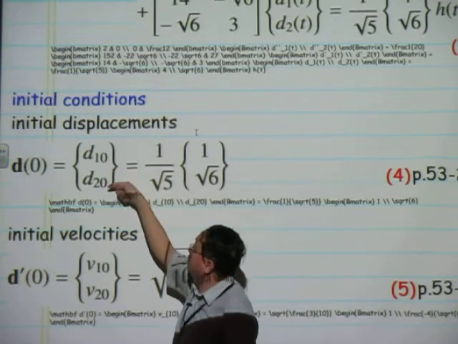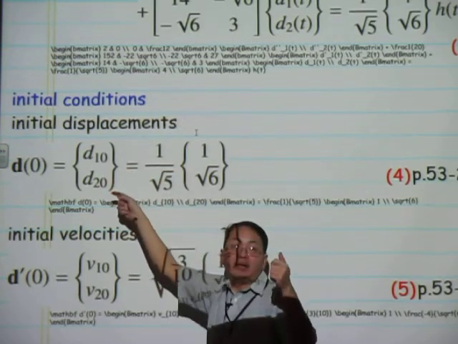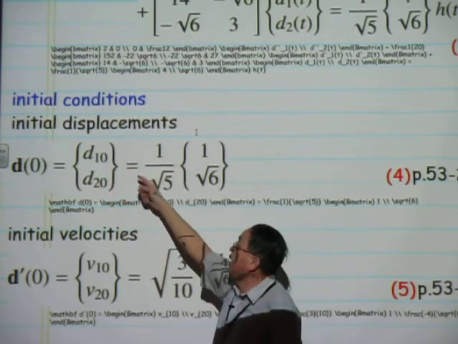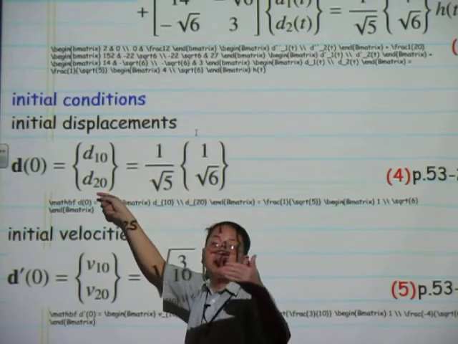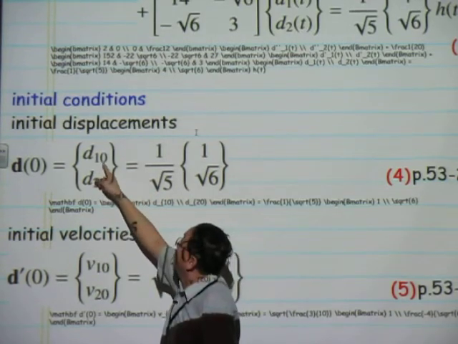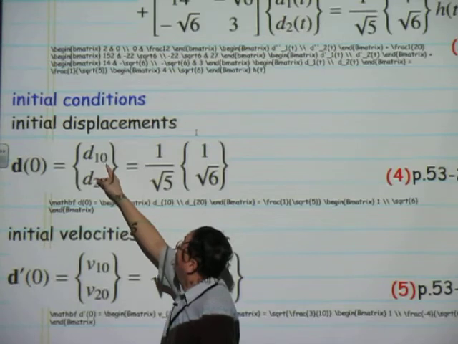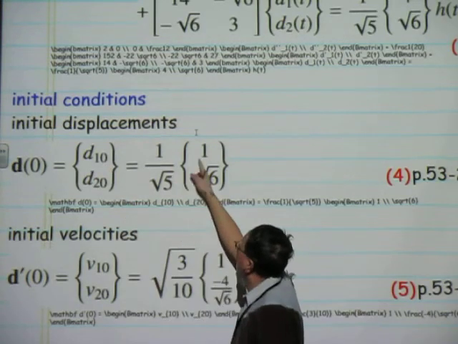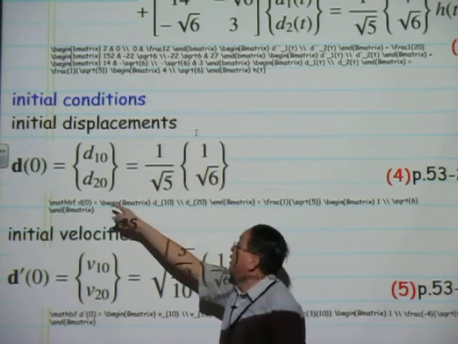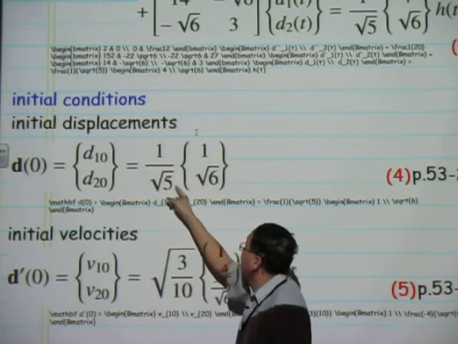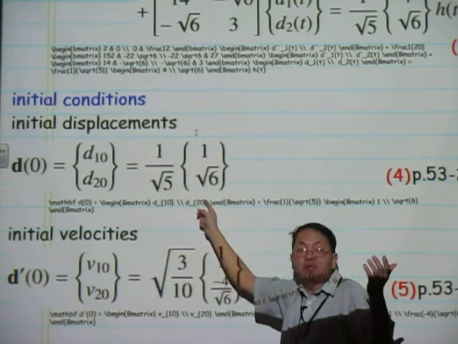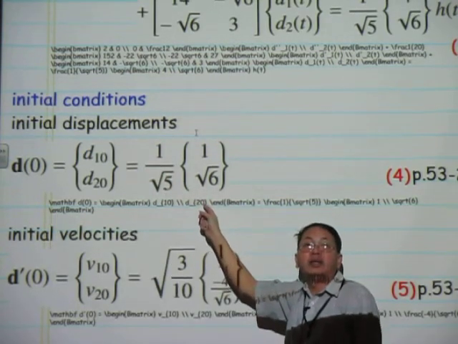So each of these coefficients is an initial condition, right? And this is the initial condition involving the displacement. So d1,0, meaning d1 at time 0, is 1 over square root of 5 times 1, right? d2,0 is 1 over square root of 5 times square root of 6, or square root of 6 divided by square root of 5.